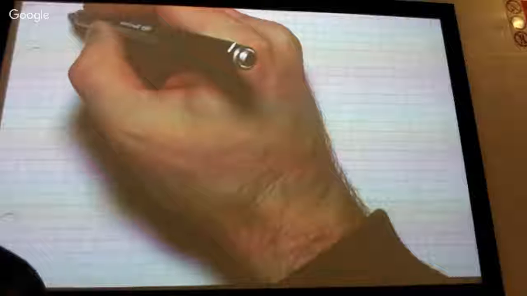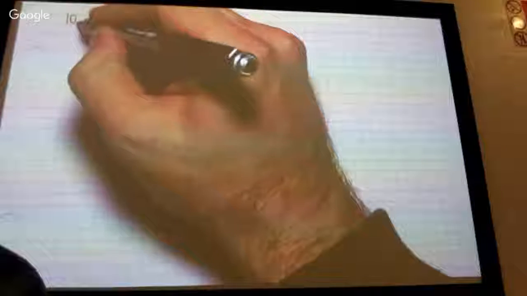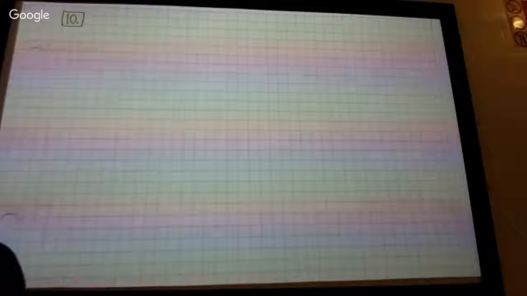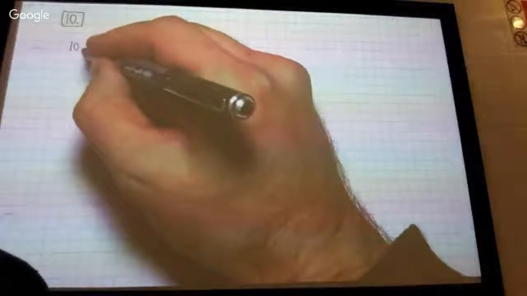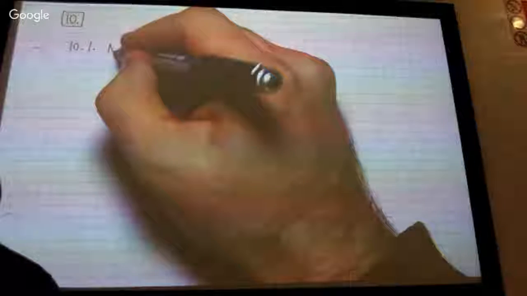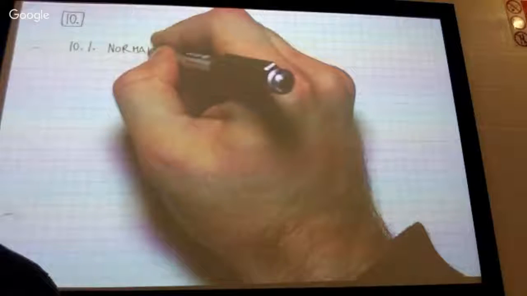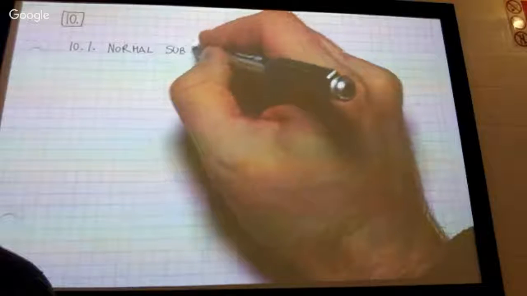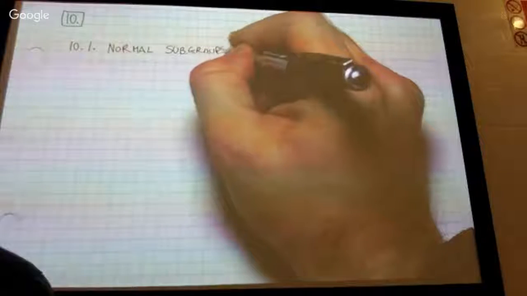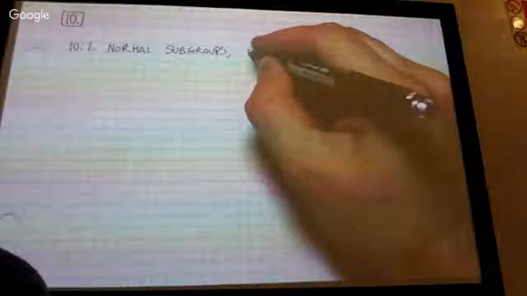So today, tomorrow, and next week we'll be looking at chapter 10 in the book, and it's all about normal subgroups and things like that. 10.1 is normal subgroups and factor groups.